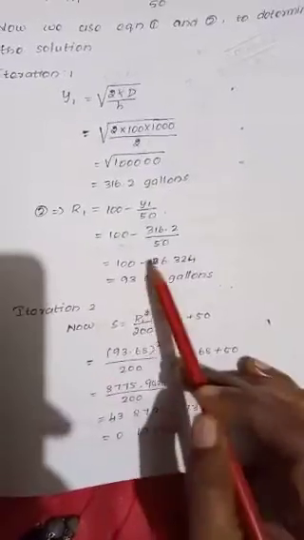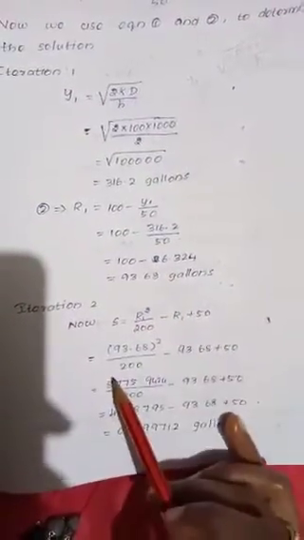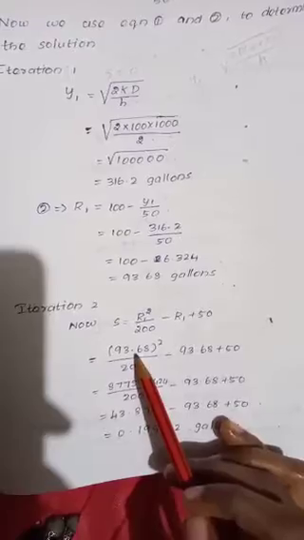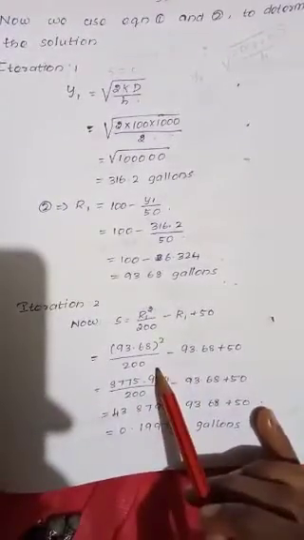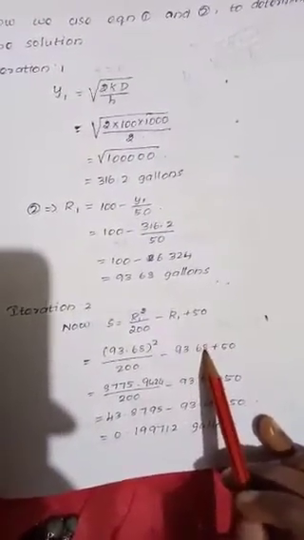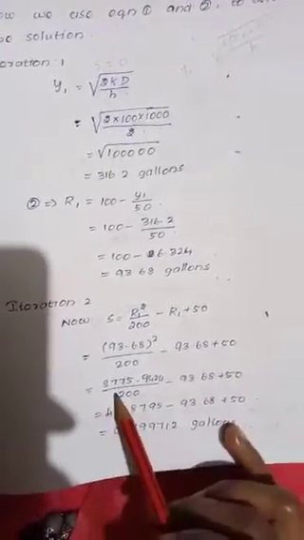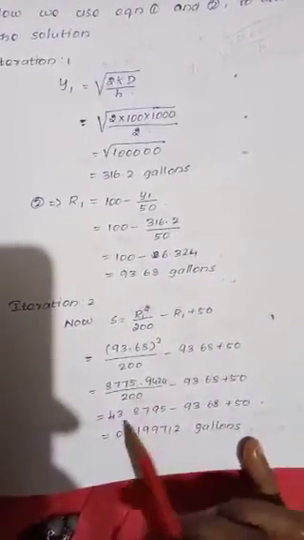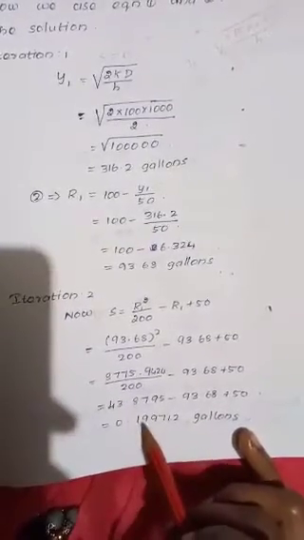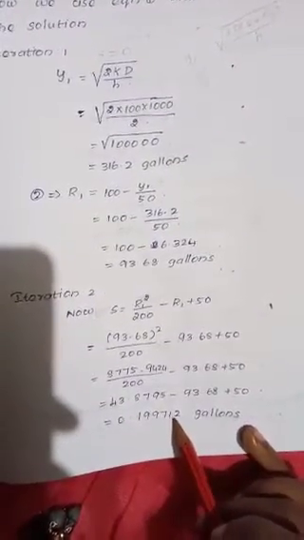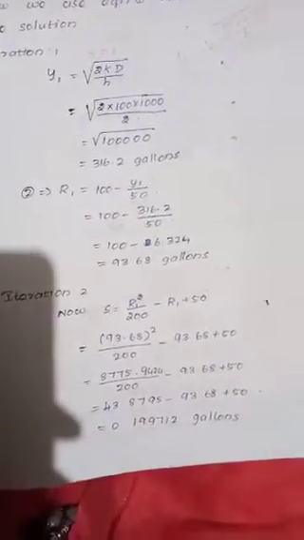Here we substitute the value of r1 from the previous iteration. It is equal to 93.68 the whole squared by 200 minus 93.68 plus 50. Simplifying, we get 0.199712 gallons. Now we get the s value.